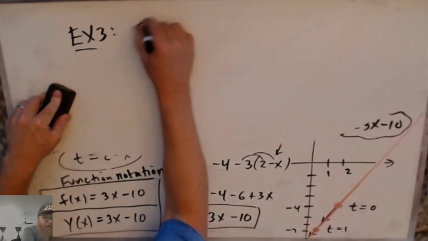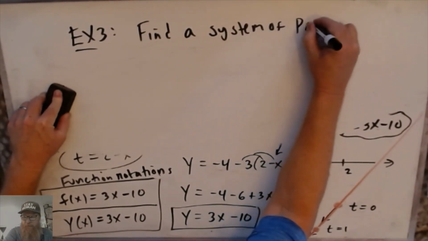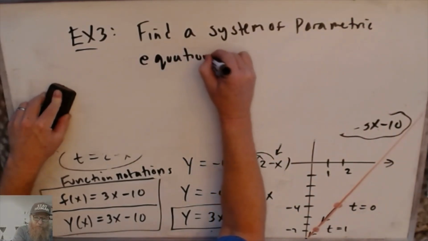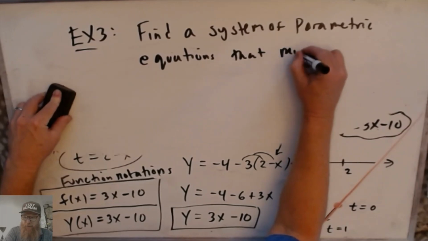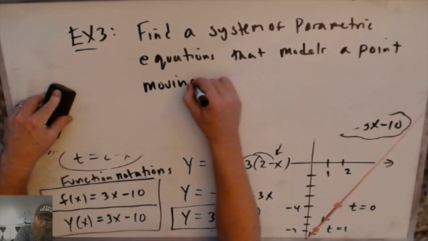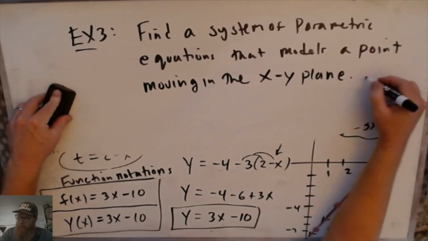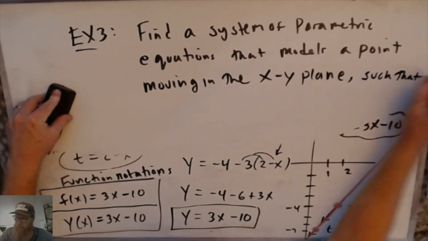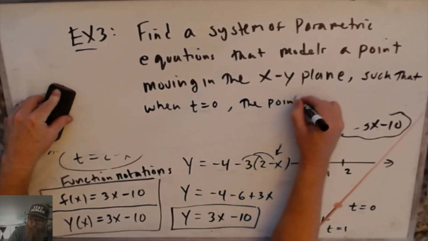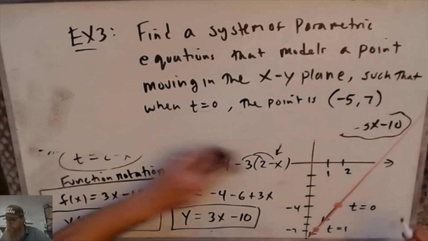Example 3, find a system of parametric equations that models a point moving in the xy plane such that when t is equal to 0, the point is -5 and 7.